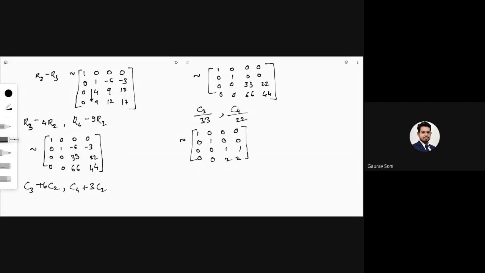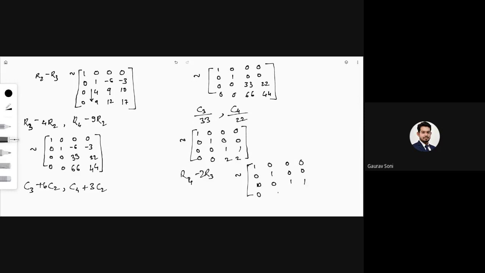Now R4 minus 2 times R3. So what we will get? 1, 0, 0, 0, 0, 1, 0, 0. This will be 0, 0, 1, 1.